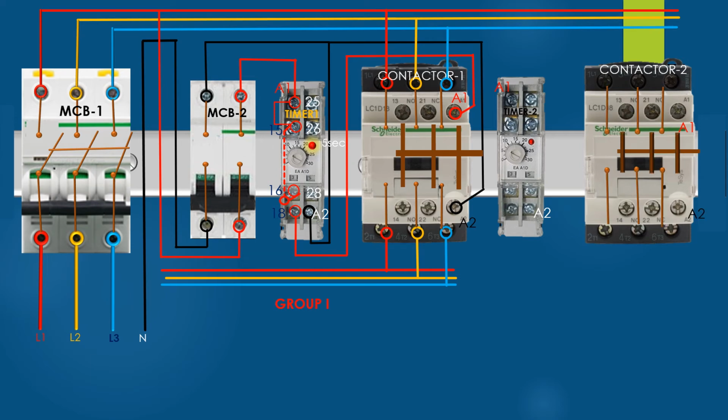Now another set of contactor and timer is added here to give power to the buses meant for group 2, with a time discrimination of 10 seconds. Now please watch the rest of the episode carefully.